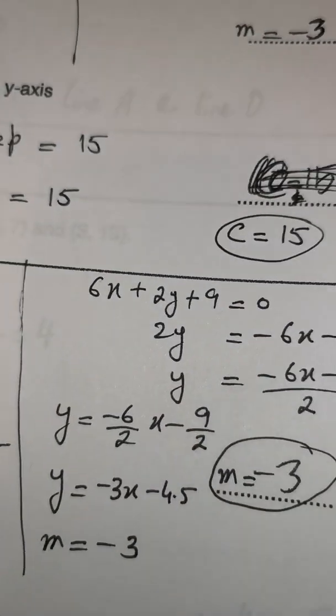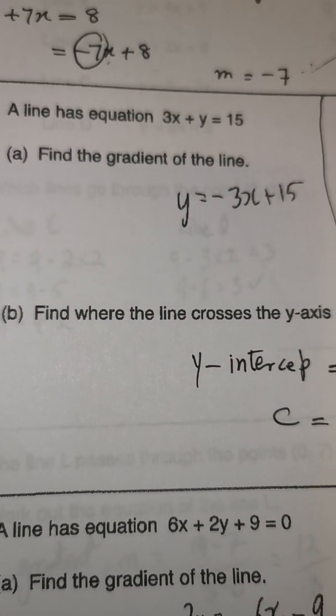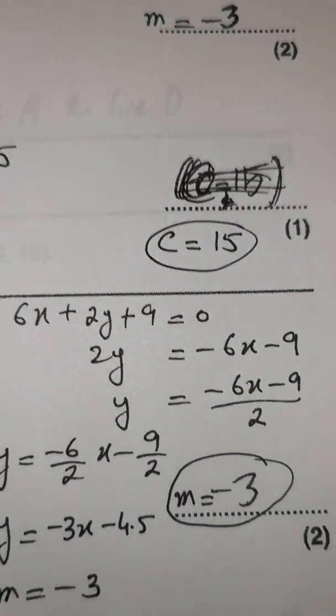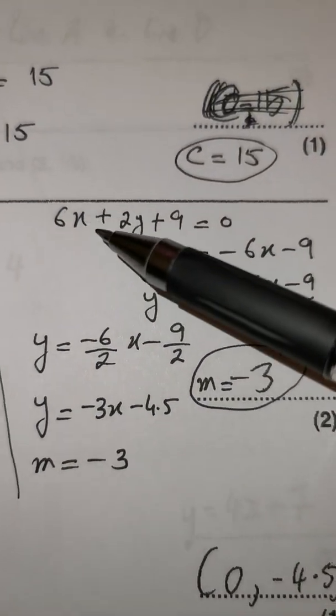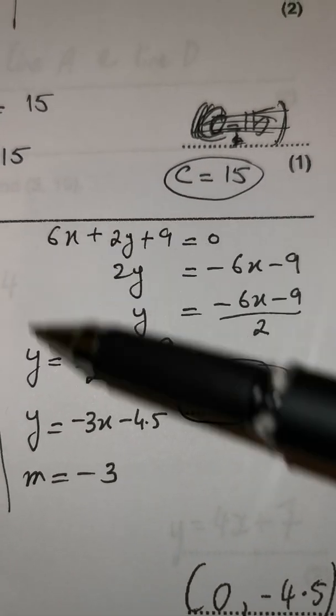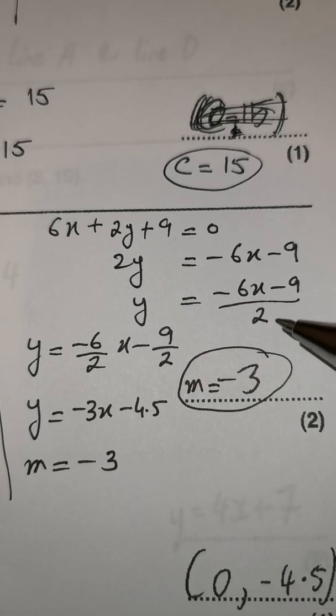In the next question he is asking, a line has this equation, find the gradient of the line. The given equation is 6x + 2y + 9 = 0. I can make this into y = mx + c form.